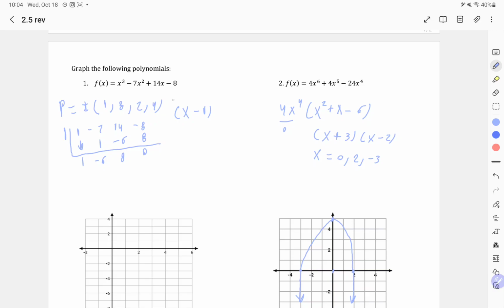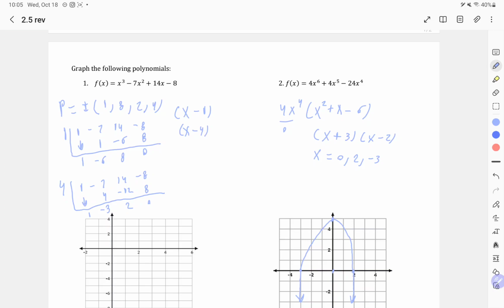Let's go for 4, I guess. 4, 1, negative 7, 14, negative 8. We bring this down, 1 times 4, so 3, negative 3, negative 12, it's just 2, 8, 0. Okay, we got 4 too. Wow, I'm on a roll.